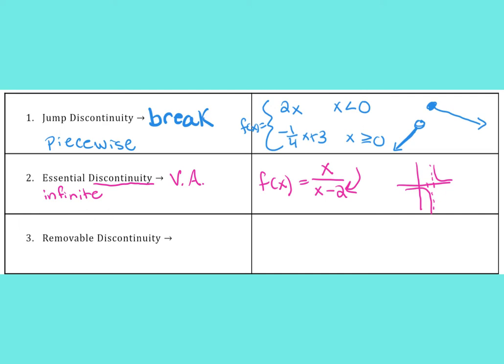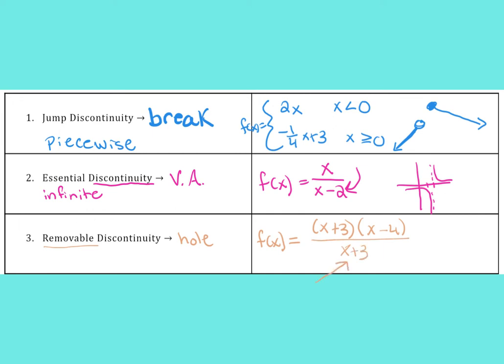And the last type is the removable discontinuity, and that would be when there is a hole. So an example of this, if everything's in factored form, so you can see it better, x plus 3 times x minus 4 over x plus 3.